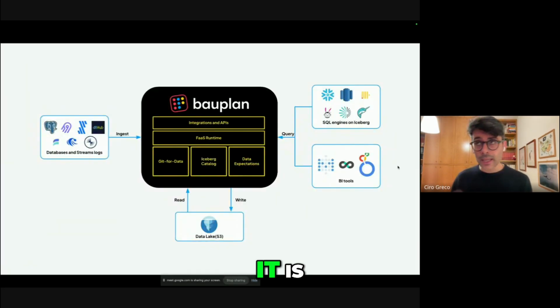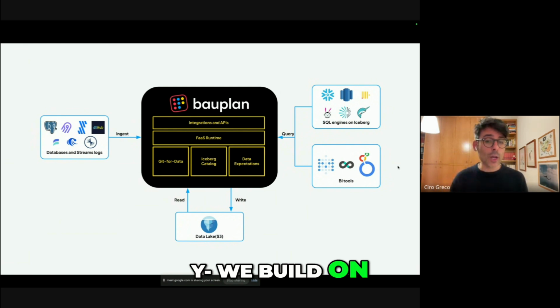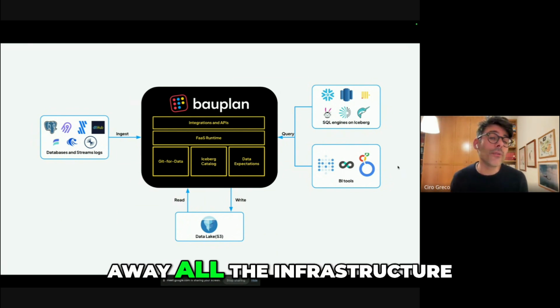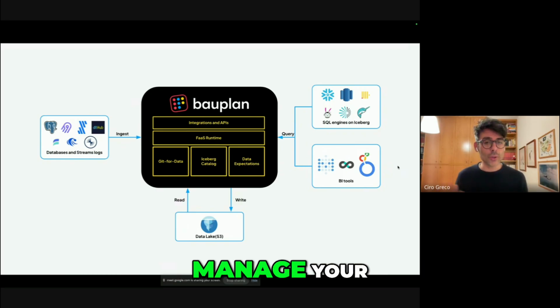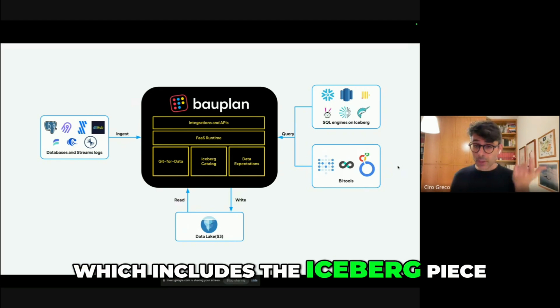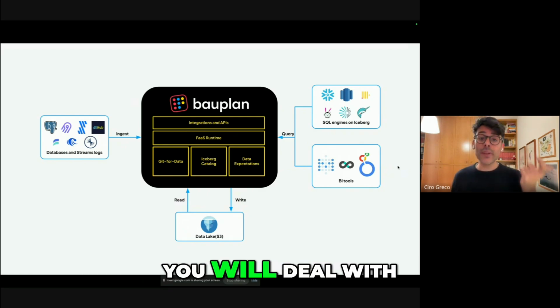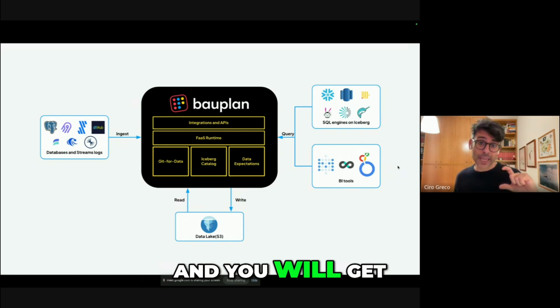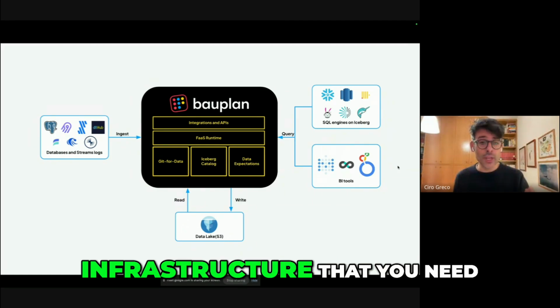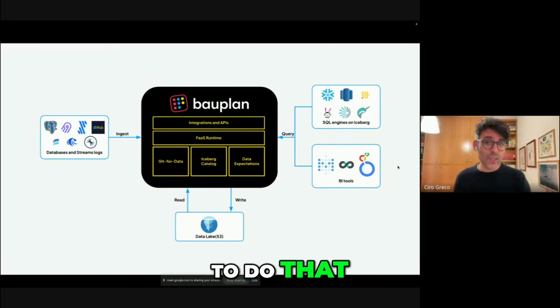The way we do it is we build on top of your S3 bucket, and we essentially abstract away all the infrastructure that you need to manage your Lakehouse, which includes the Iceberg piece. So you will deal with Iceberg tables and you will get all the benefits from the Iceberg table, but you will never have to manage the infrastructure that you need to do that.